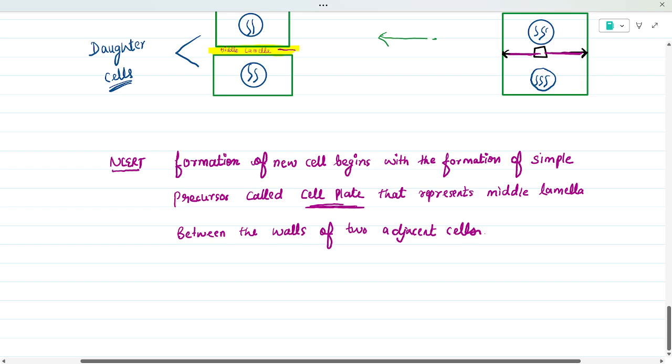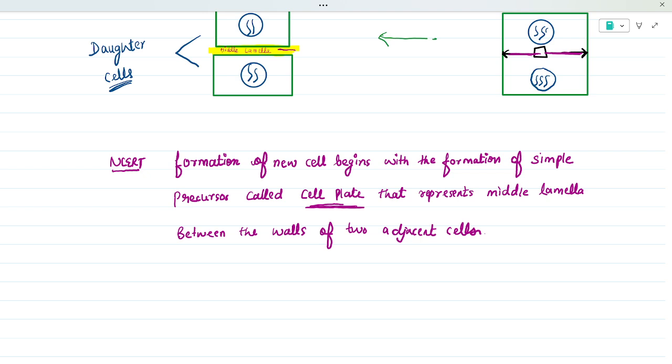This cell plate in the previous diagram represents the middle lamella, that is the connection or the cementing material between the two cells. So NCERT is just explaining this line: who is initiating new wall formation? That is initiated by the cell plate. And what is the cell plate? It is the representation of the middle lamella, that was the cementing material between the two adjacent cells, right?